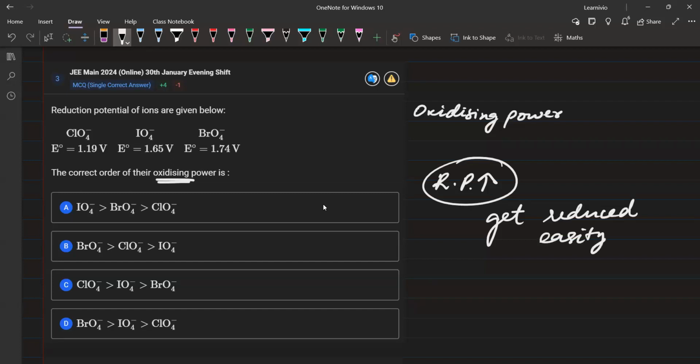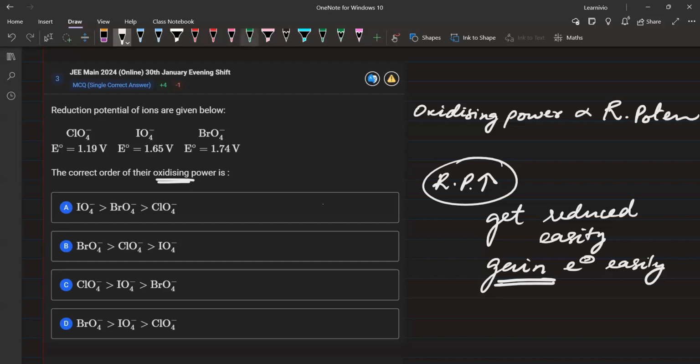If it is getting reduced easily, that means it gains electrons easily. Now, if it is gaining electrons, that means it is pulling electrons from someone. Okay, so it has the power. If it is getting reduced easily, that means it can oxidize very easily. Okay, oxidizing power is directly proportional to the reduction potential. Just give me a second, guys.